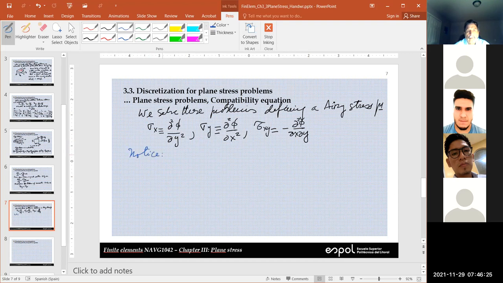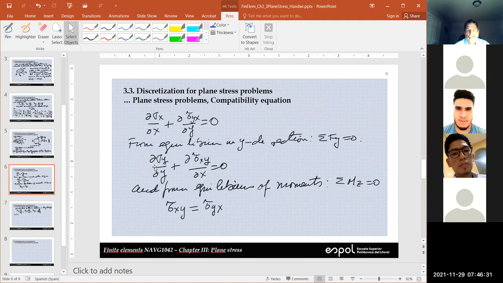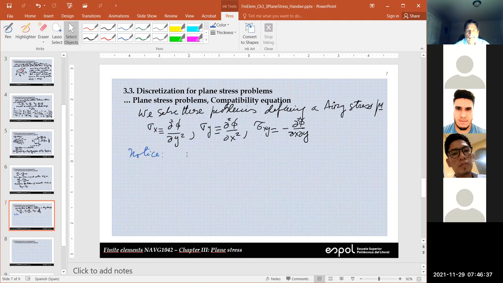Notice, let's recall from the previous page, the first equation, this one here. We have this first derivative of sigma x with respect to x plus this first derivative like that. So if I put this definition of sigma x, I'm going to get phi yy, and now it's differentiated with respect to x.